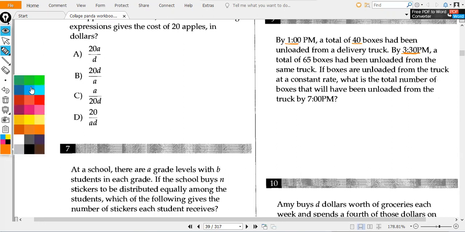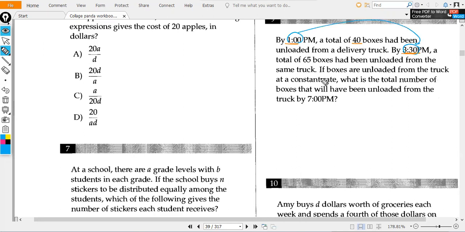Now, from 1 p.m. to 3:30 p.m., how many hours do we have? 2.5. Good, 2.5 hours. During 2.5 hours, how many boxes were unloaded? 25. Very good.